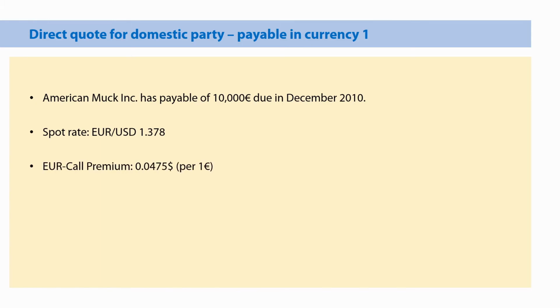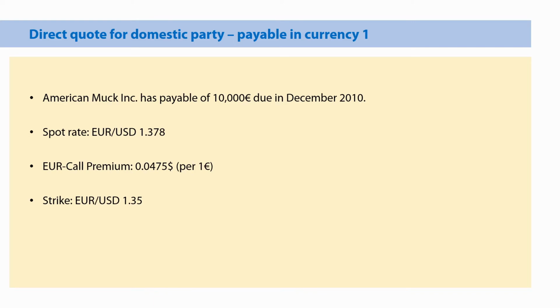Let's also look at the call premium. These people have a payable of euros, so they need to buy euros, so they will look at the call, a euro call, as they want to buy euros, and the price for that is given in US dollars, $0.0475 for 1 euro.